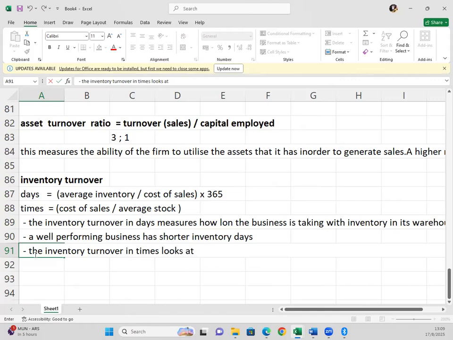Looks at how many times we replace inventory.